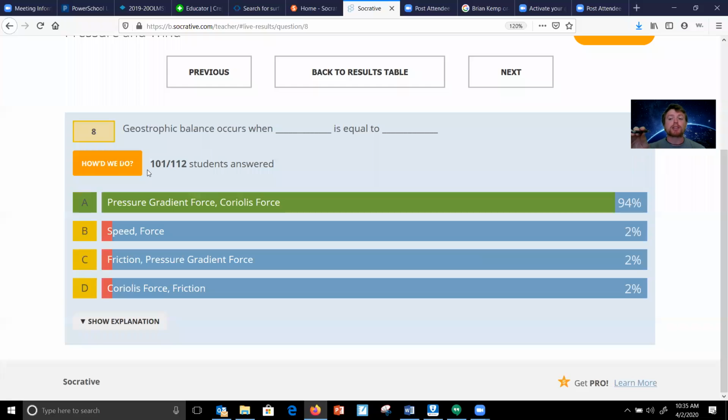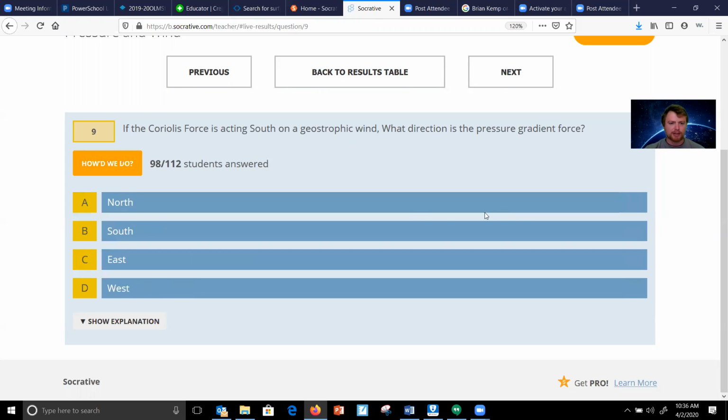Because the frictional force slows our winds down a little bit, it means that our Coriolis force also gets a little bit weaker, which means that at the surface, we don't tend to have winds that are parallel to our pressure lines. They'll actually cross over because the friction slows them down, and our winds will cross over towards low pressure or away from high pressure. Okay.